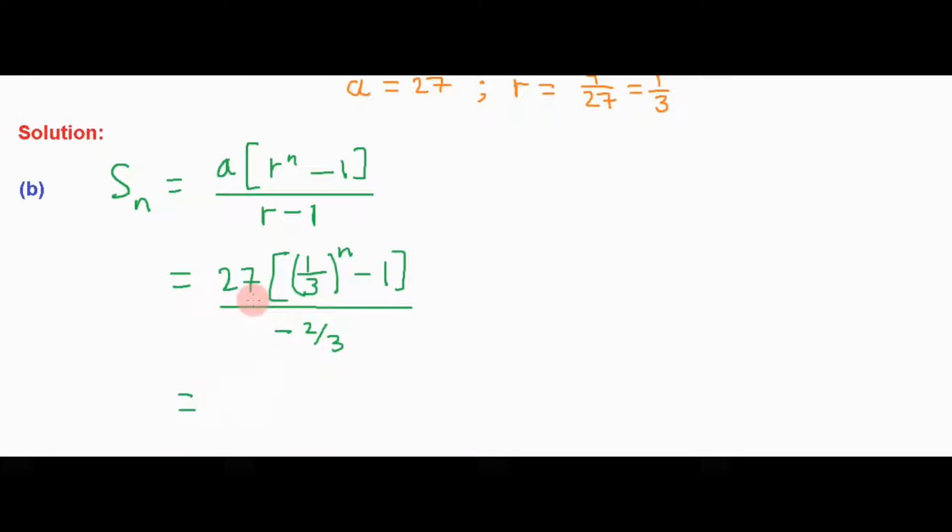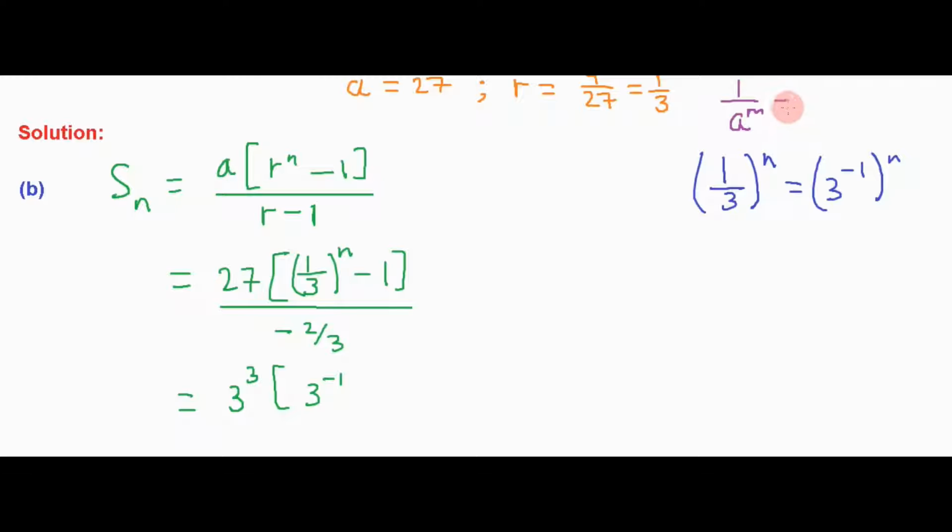We're going to simplify this. 27 is 3 cubed using prime factors. And I'm going to write a third as 3 to the negative 1. Now, a third to the power of n can be written as 3 to the negative 1 to the n. And here we're using the law of exponents that says 1 over a to the m is a to the negative m.